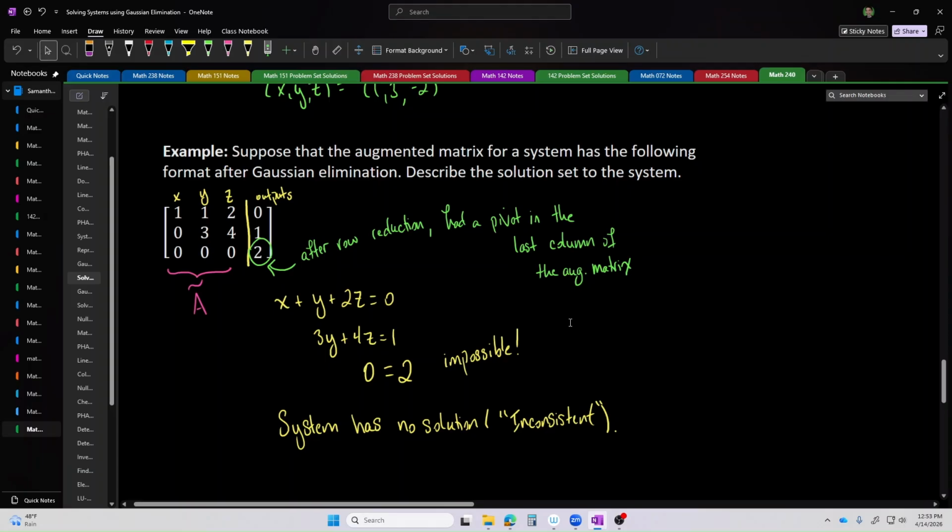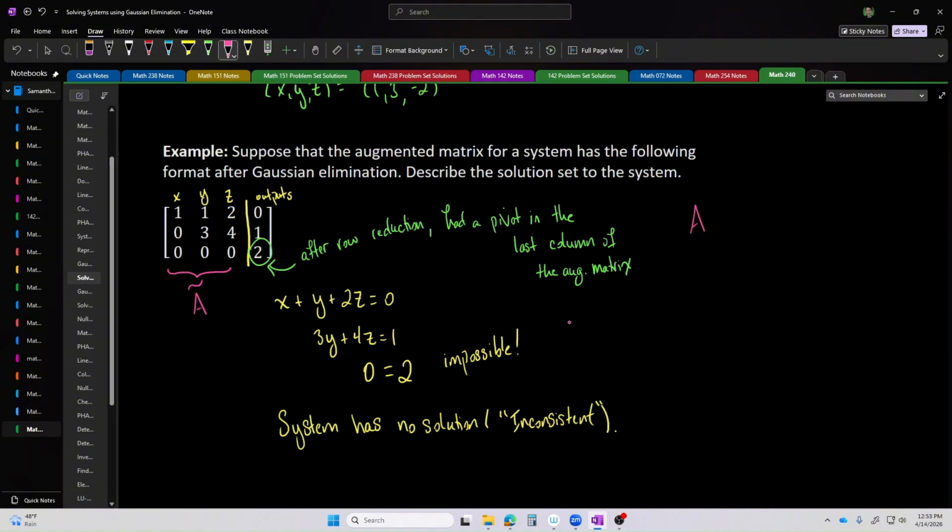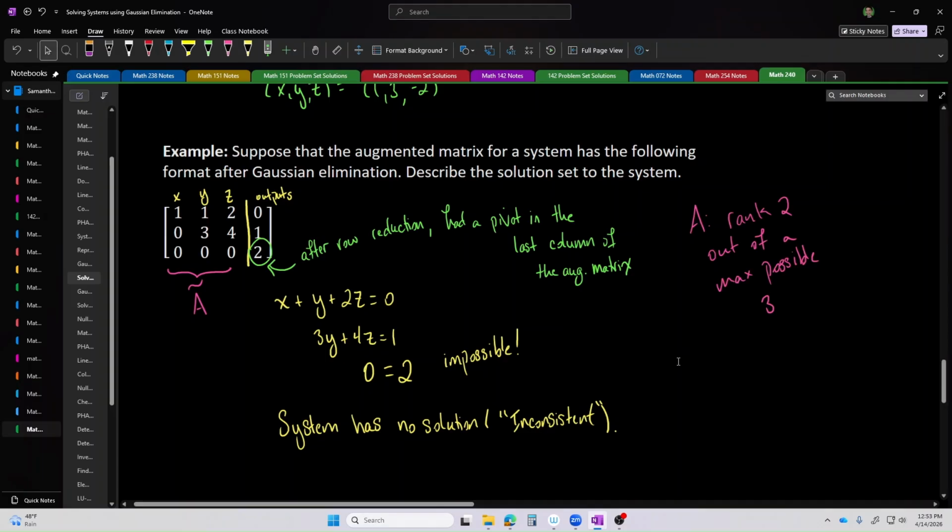So once again, this is a situation where the coefficient matrix has only rank 2 out of a max possible 3, and this is another situation where we ended up with an inconsistent system, a system that had no solution.